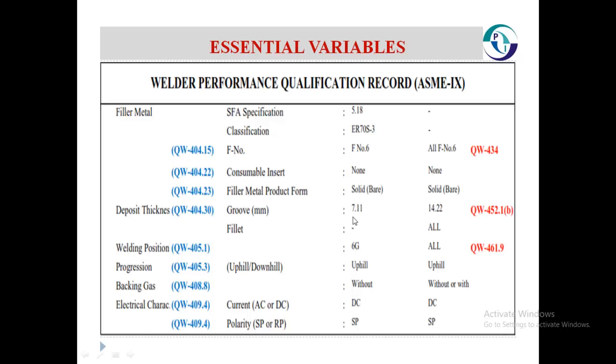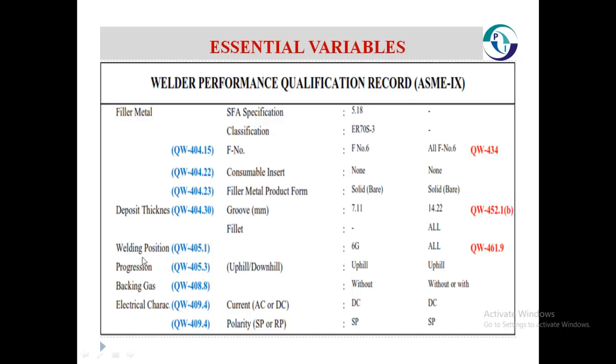If the weld deposit thickness is 13 mm or greater with a minimum of 3 layers of weld, the qualified thickness will be unlimited as per QW 452.1b of ASME Section 9. If the test coupon uses a groove weld, then all fillet weld thicknesses will be qualified.